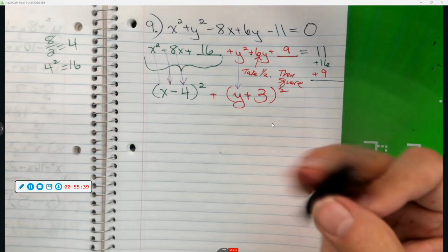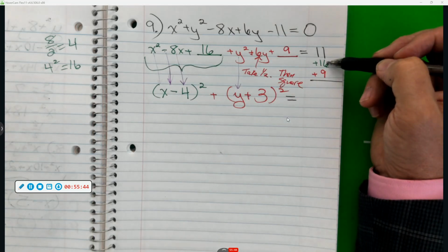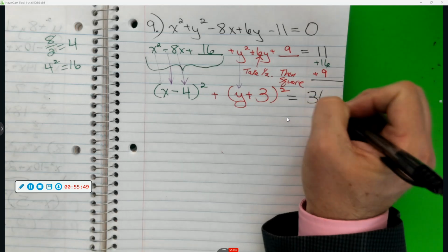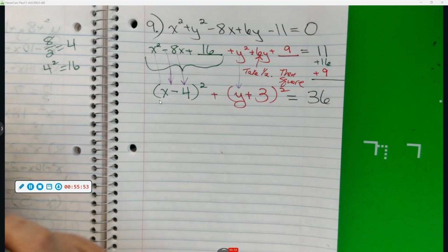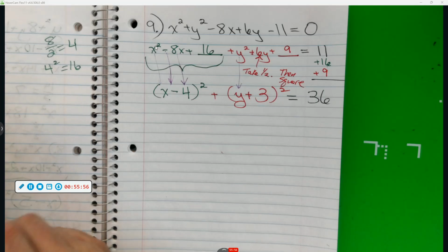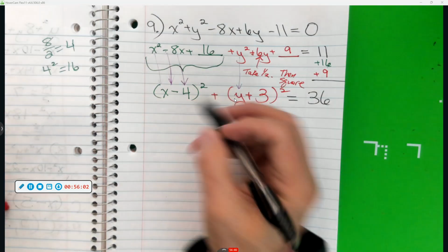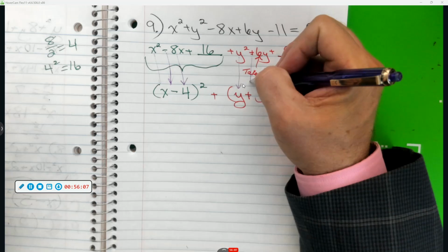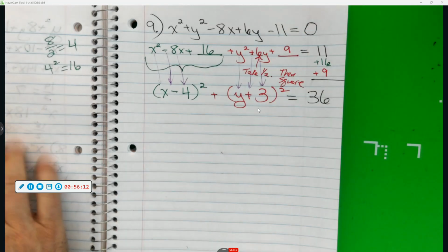Now what have we got on the right-hand side? 11 plus 16 is 27, plus 9 is 36. Do you see that pattern for factoring? Variable, the very next sign, half of that number. Variable, draw the lines together. Variable, sign, half of that number. And it's not really a line, it's a ray.